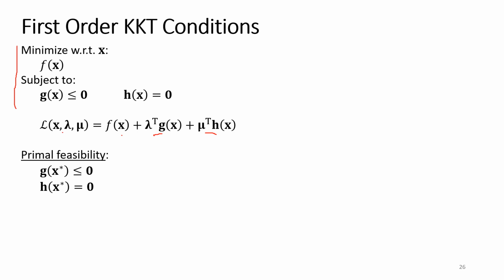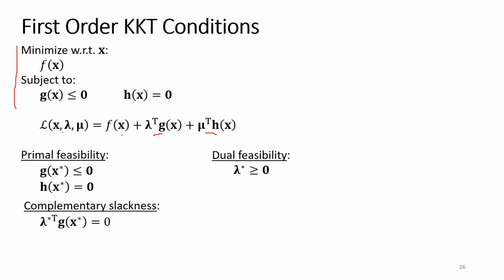The primal feasibility conditions are g of x star less than or equal to 0, h of x star equals 0. The dual feasibility condition is lambda star must be greater than or equal to 0. The complementary slackness condition is lambda star transpose g of x star must be equal to 0.